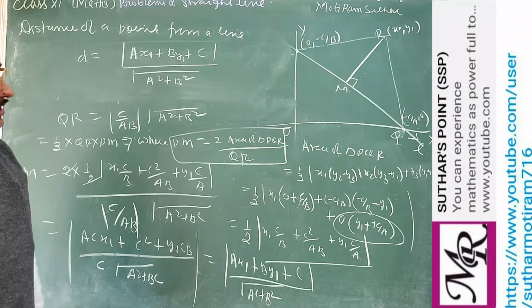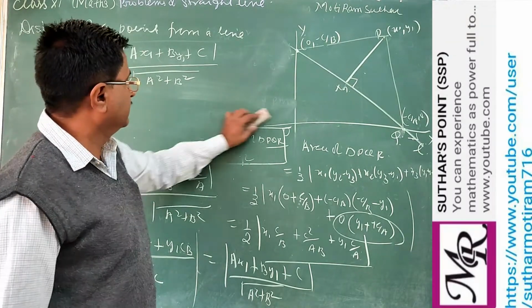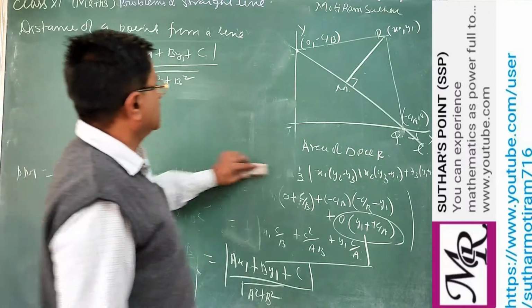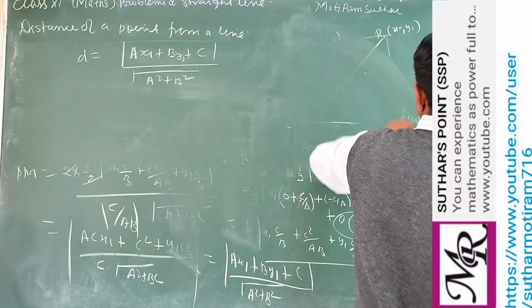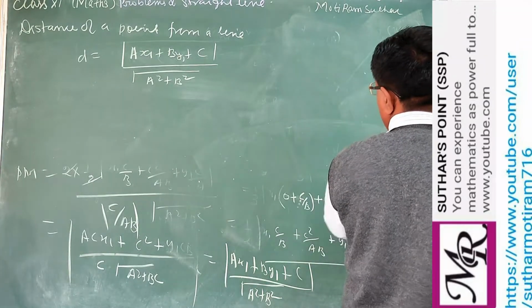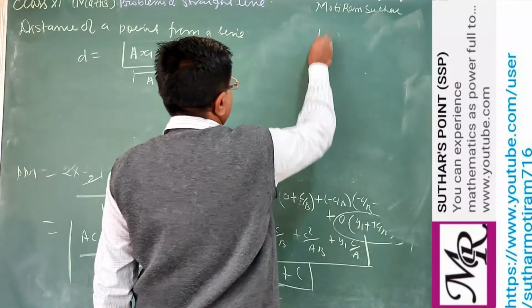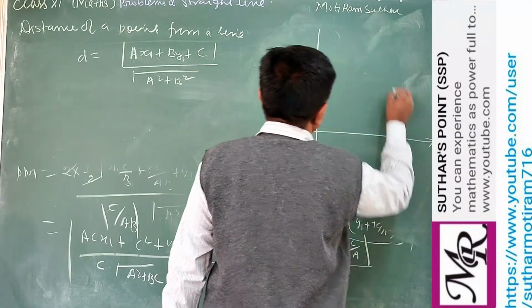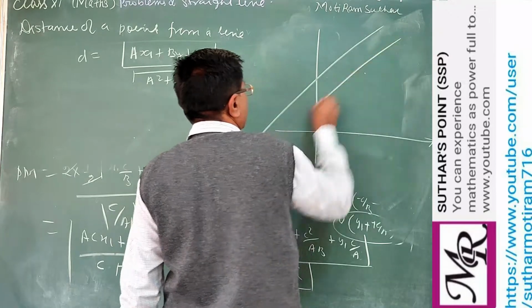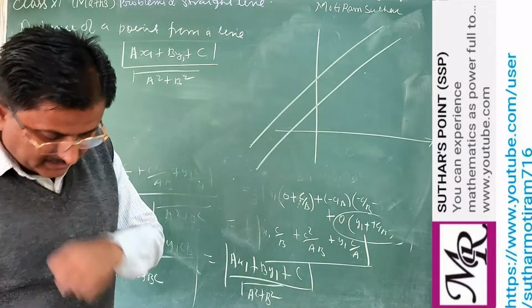So similarly we extend this to parallel lines. Now suppose you have to find the distance between two parallel lines. The same condition can be used, because to find the distance between two parallel lines we can find one point on any one line and then measure the perpendicular. Suppose we are given two lines L1, L2 and both are parallel. Clear?